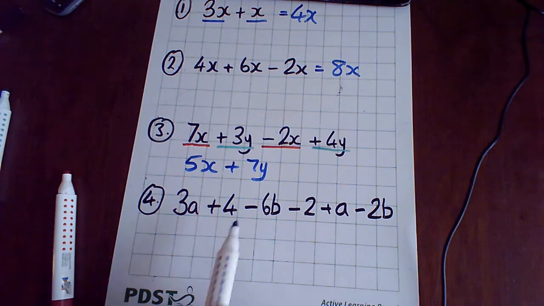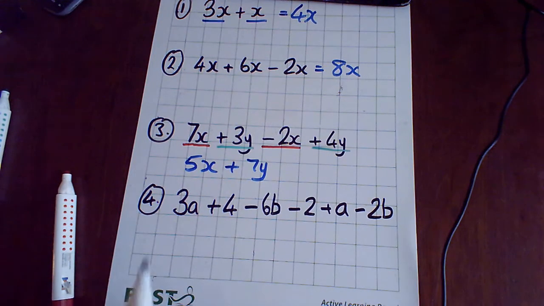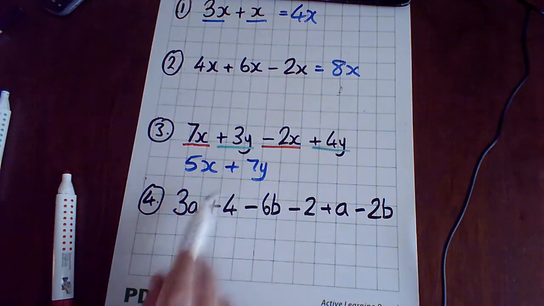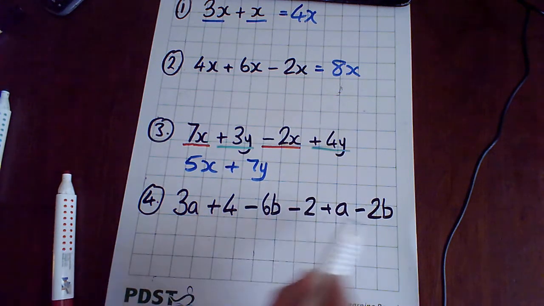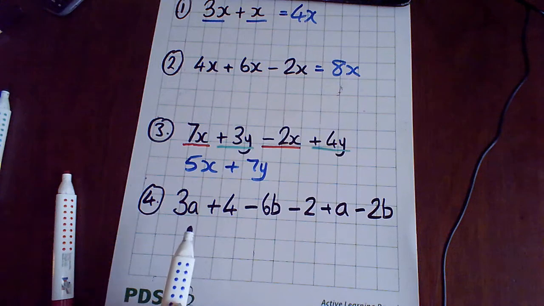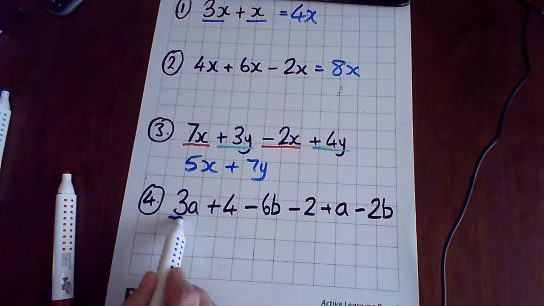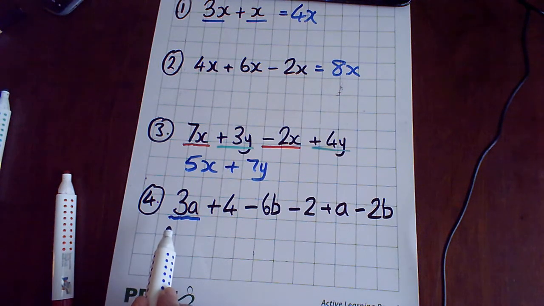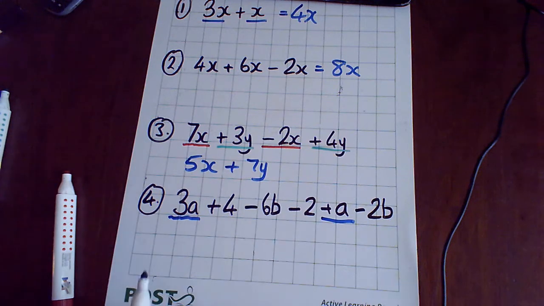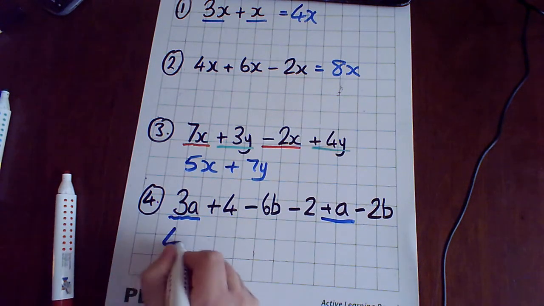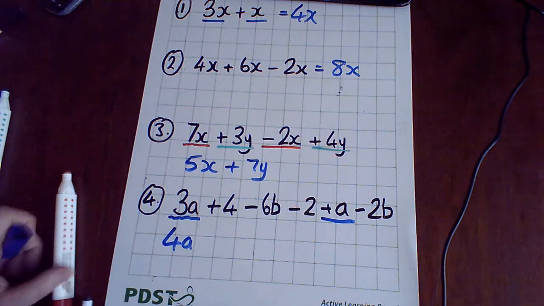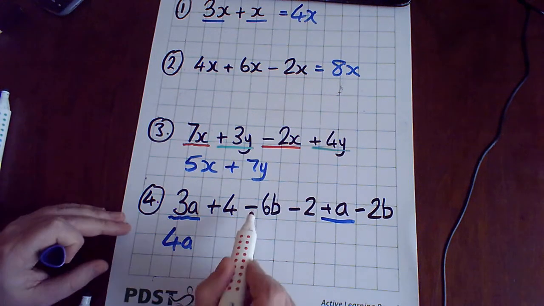We'll do one more here, and then I'll do one more after this. So let's look for like terms. There are 6 terms here. Each of these is called a term. The whole thing is called an expression. So if we add 3a, we look for something that has an a in it. That's the only other a. So 3a plus 1a is 4a. Now let's look for the b's.